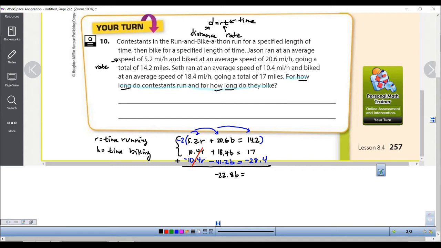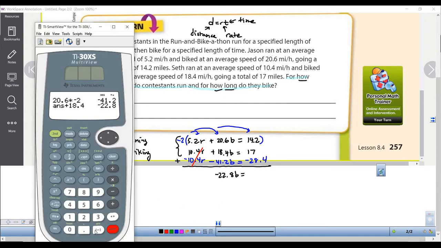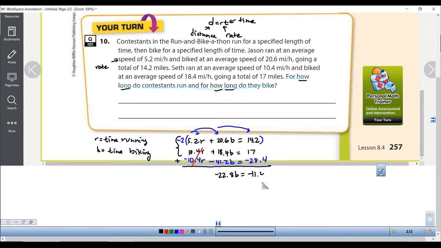Then over here, I've got negative 28.4, and I add a positive 17, and I get negative 11.4. And now I'm ready.